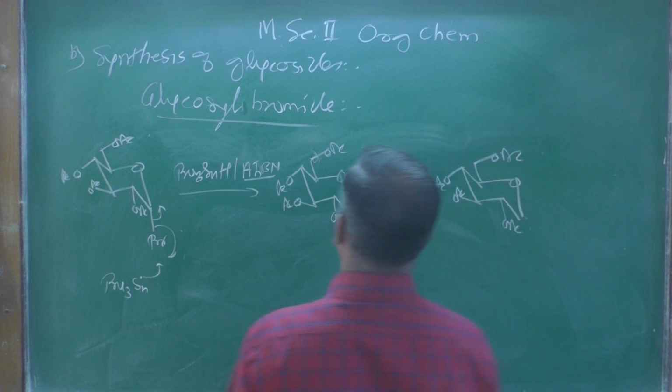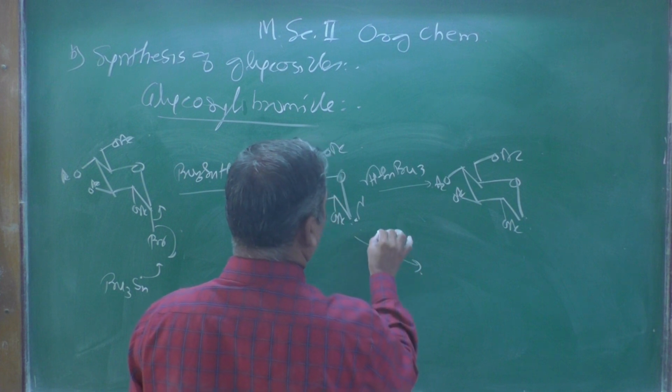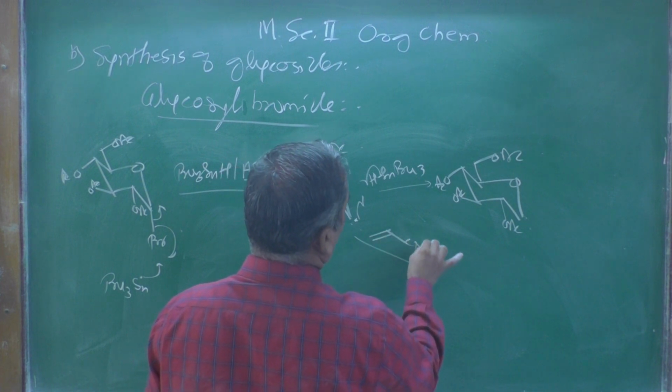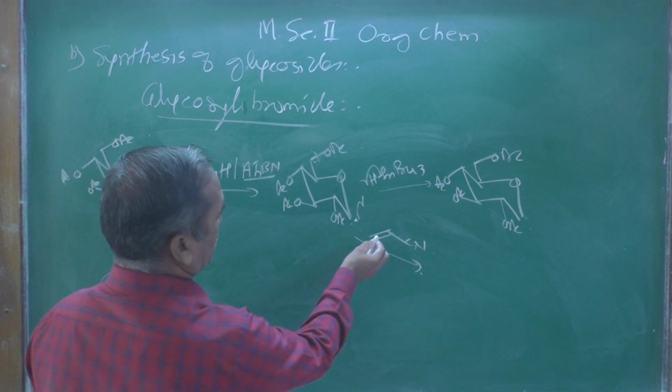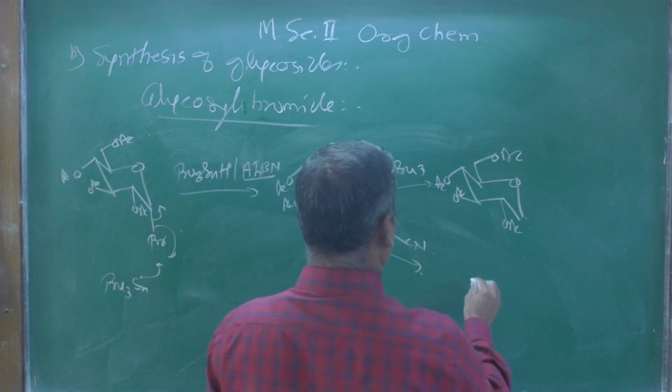Or if you treat this compound with this one, suppose a double bond C≡N, that type. So what is going to happen? This is going to abstract the proton over here.